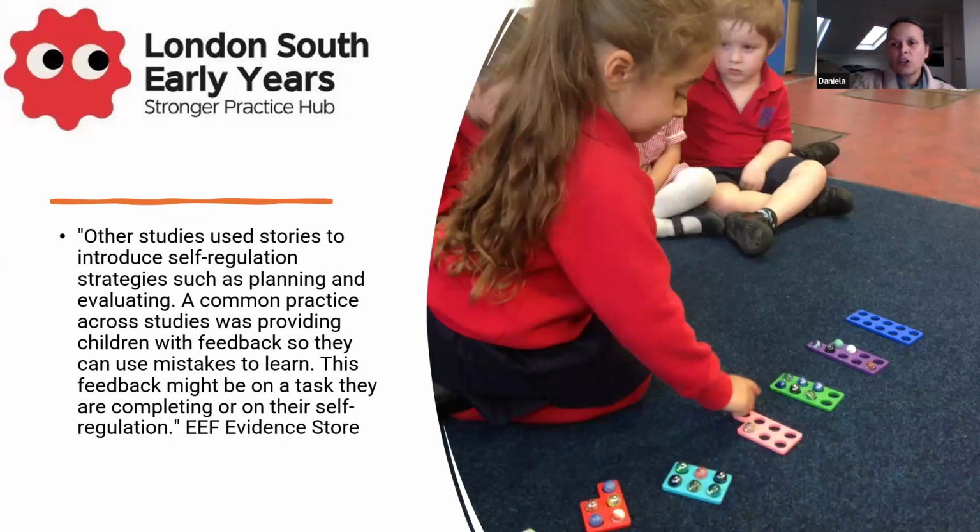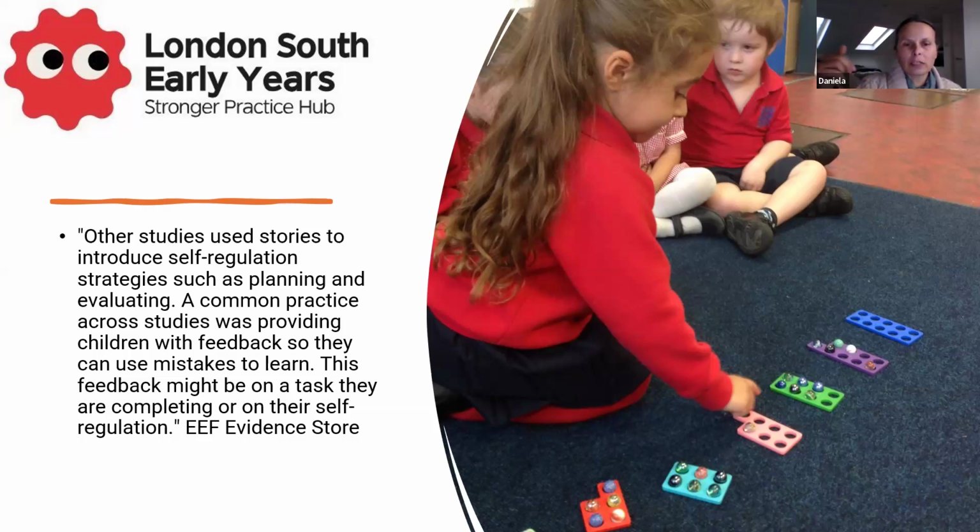Some of the studies showed that stories about particular self-regulation situations, like a child getting really angry or somebody coping with a massive worry, were really helpful in helping children talk through and manage their own self-regulation, where they might plan and evaluate a situation.